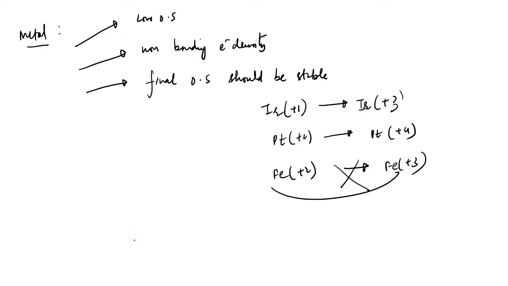Okay. And next point over here is most of the cases D8 and D10 systems basically show oxidative addition reaction, because we need more electron density on metal. Okay. So low oxidation state or more electron density. So what all are the complexes? So these are complexes.